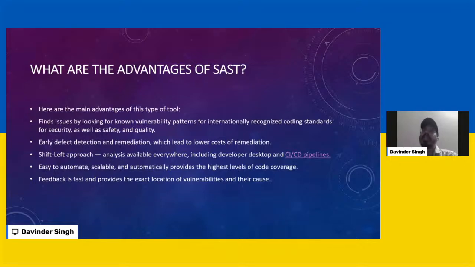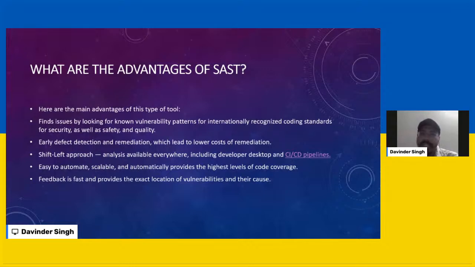Basically, we can check how the coding standard is being followed or not, because we all know people can code in their own way, but there is a standard which has to be followed to avoid any kind of critical vulnerabilities.